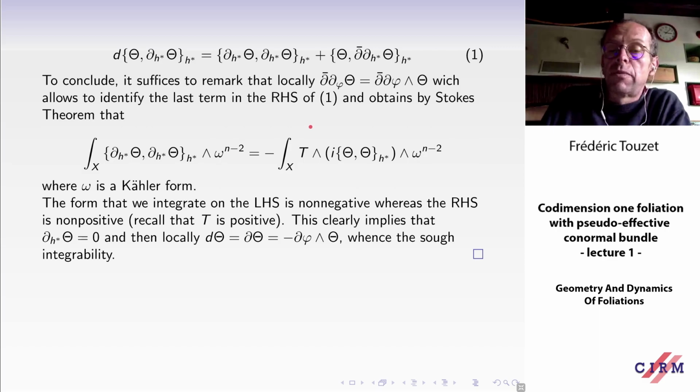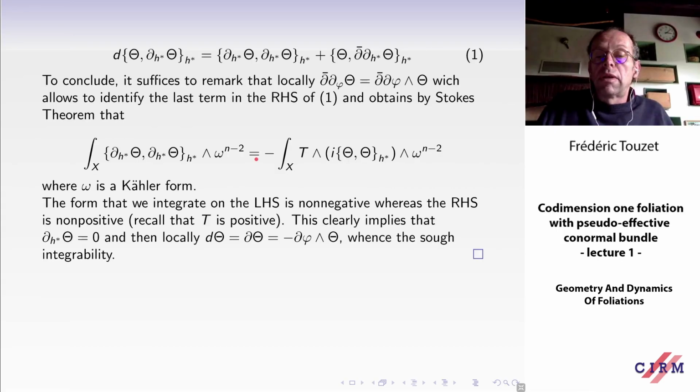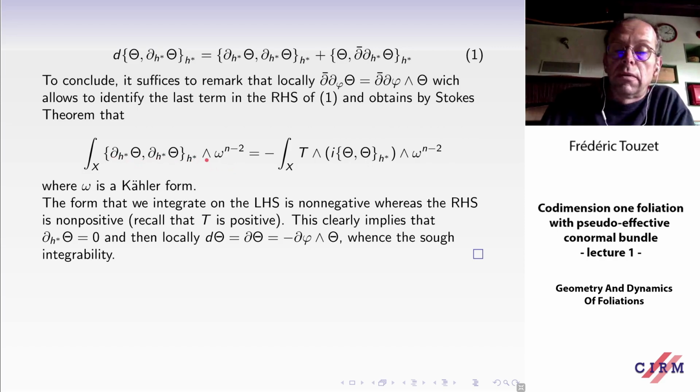So the term corresponding to the curvature is the integration current T of the conormal bundle. Well, in fact, this identity holds whatever the metric is. But in our case, recall that T is a positive current. So we have an equality between integrals of these terms, and both are positive, because of the positivity of the current.